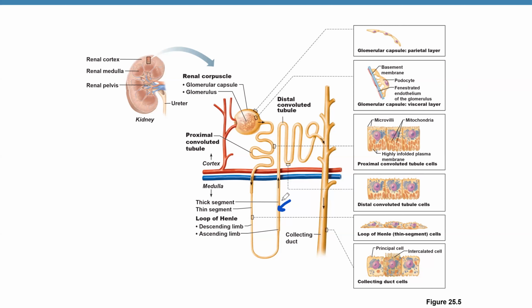If it's a thick segment, it can be simple cuboidal or even simple columnar; and collecting duct, simple cuboidal with two cell types, principal cells and intercalated cells.